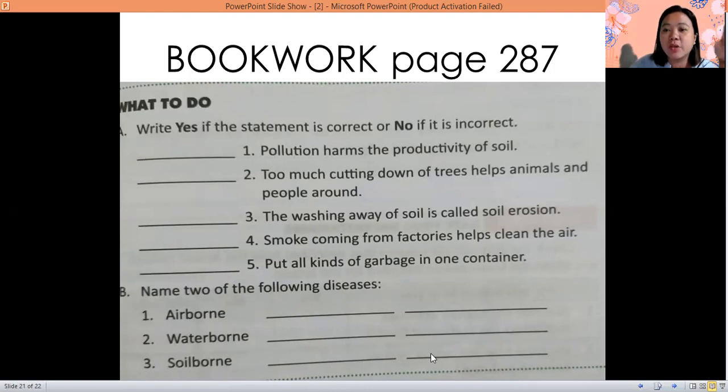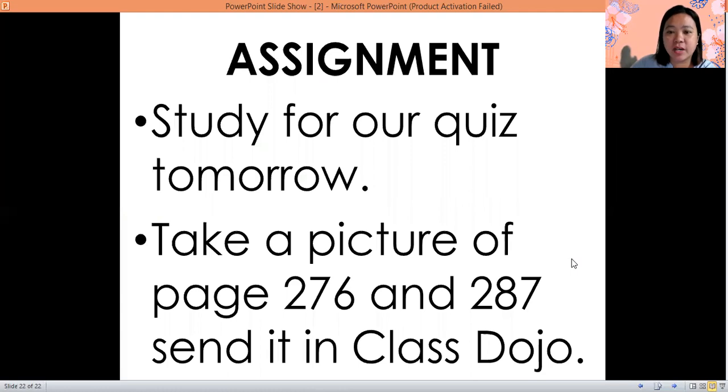Okay, so you can pause the video while you are writing the airborne, the waterborne, and the soil-borne diseases. So once you are done, play the video again. And for those who are done, study for our quiz tomorrow and take a picture of pages 276 and 287, then send it in our class dojo.